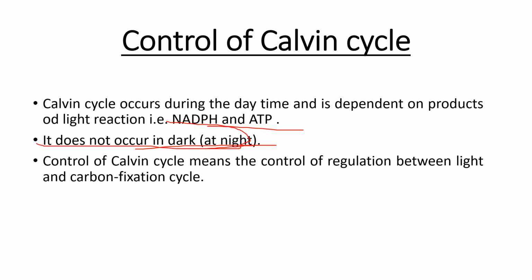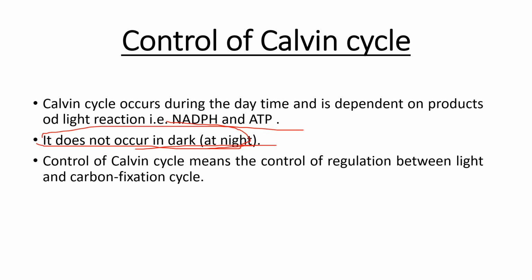The reason it does not occur at night is that the metabolic activity in the plants during the daytime is shifted at night to carbohydrate oxidation, when the plants consume oxygen rather than producing it. So at night the plants do the process opposite to the daytime.